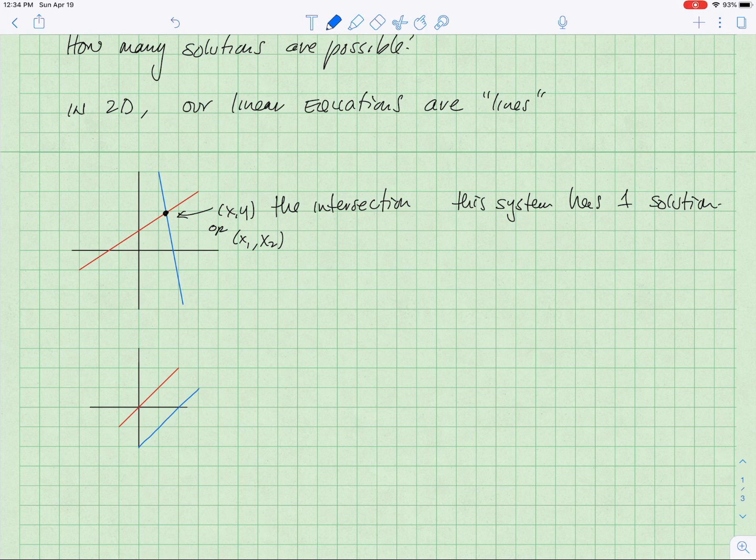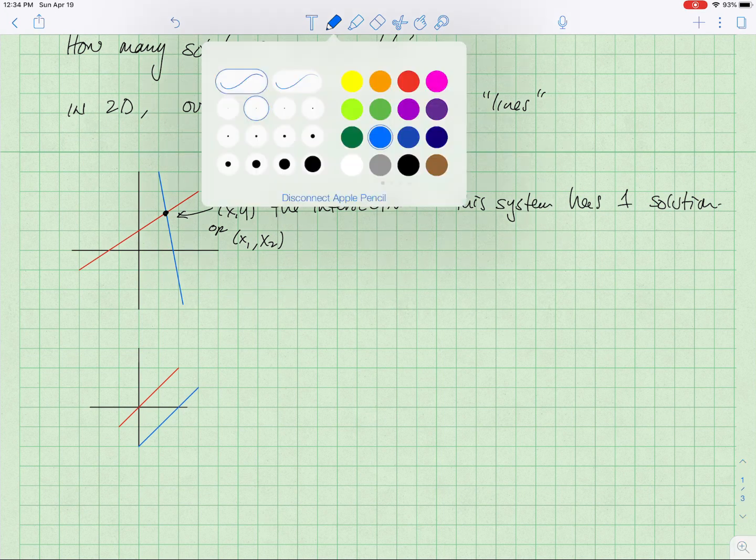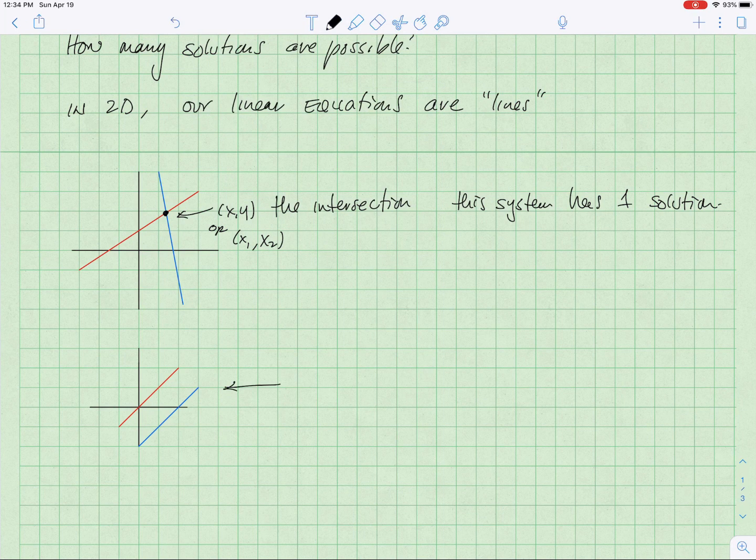We'll do the blue line. And I've tried to draw these so that they're parallel. And so in this instance, these lines are parallel, and there is no intersection, which means that there is no solution to the system.